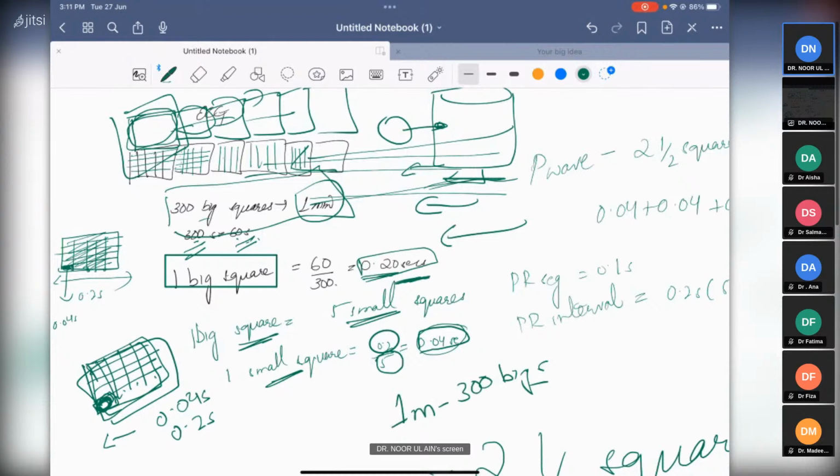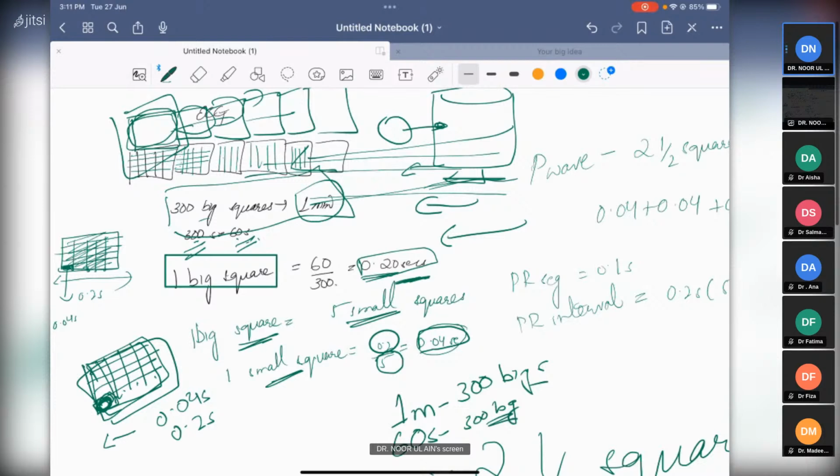Every 1 minute, 300 big squares will go forward. In each minute, 300 big boxes are going to move ahead, or you can say in 60 seconds, 300 big squares will move forward.